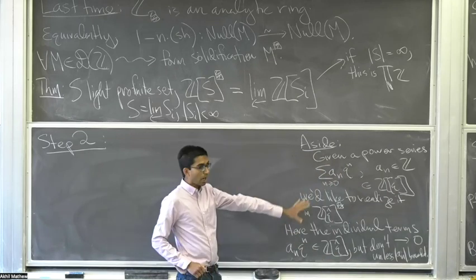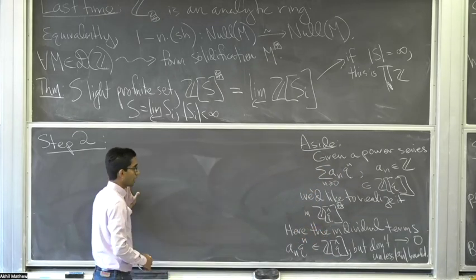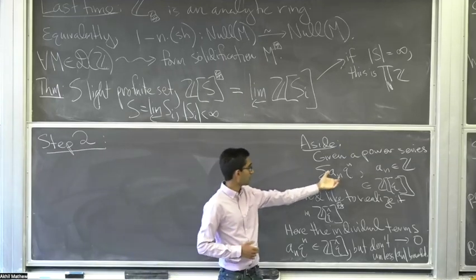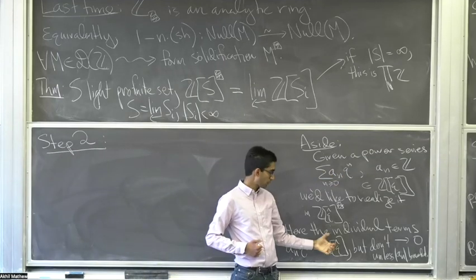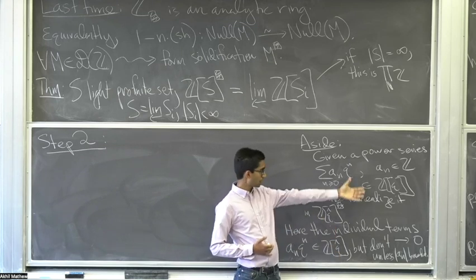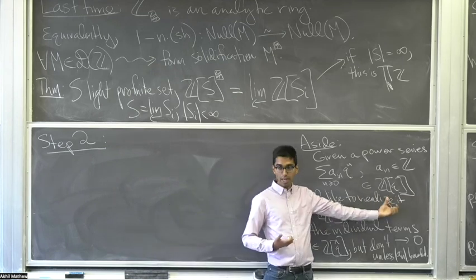So that's actually why you need this step 1. I'm sorry, I said this a little bit out of order. The idea is that you want to write this as the sum of these individual terms, which belong to the sub-object Z brackets q hat. But you have to work a little bit more if the a sub n's are not uniformly bounded.